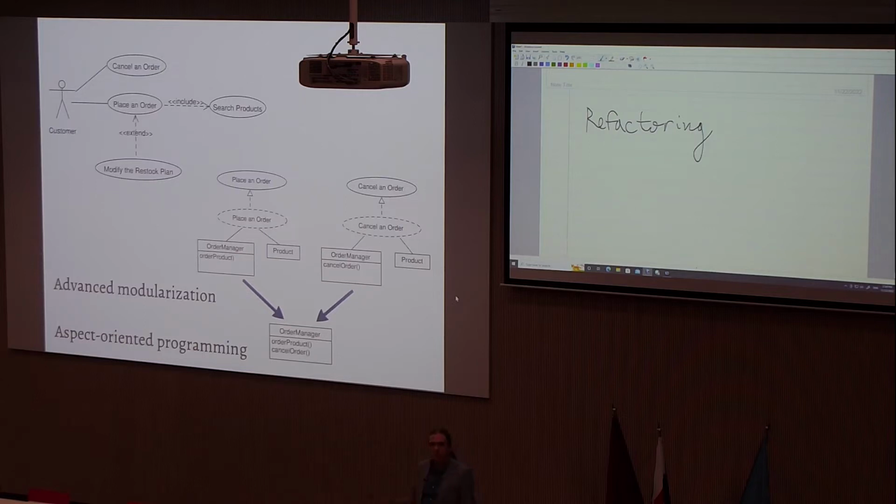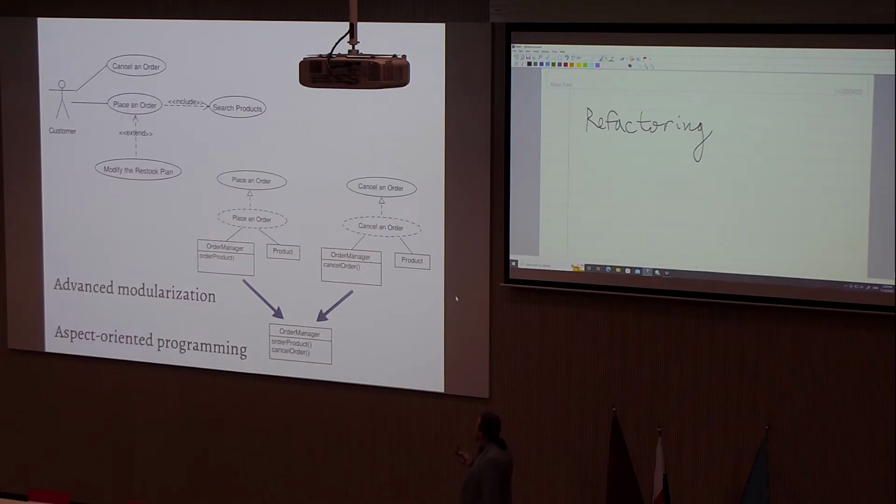You always have, in your use cases, some parts that deal with your domain objects. I'm not talking about how this should probably go through roles as in DCI, but roughly speaking, you will end up with some domain objects. The perspective on these domain objects might be different, as we can see with this order manager that acts differently in the place an order and cancel an order use cases. This is a UML symbol for collaboration that I also mentioned in one of the previous lectures, where we discussed advanced capabilities of UML for expressing architecture.